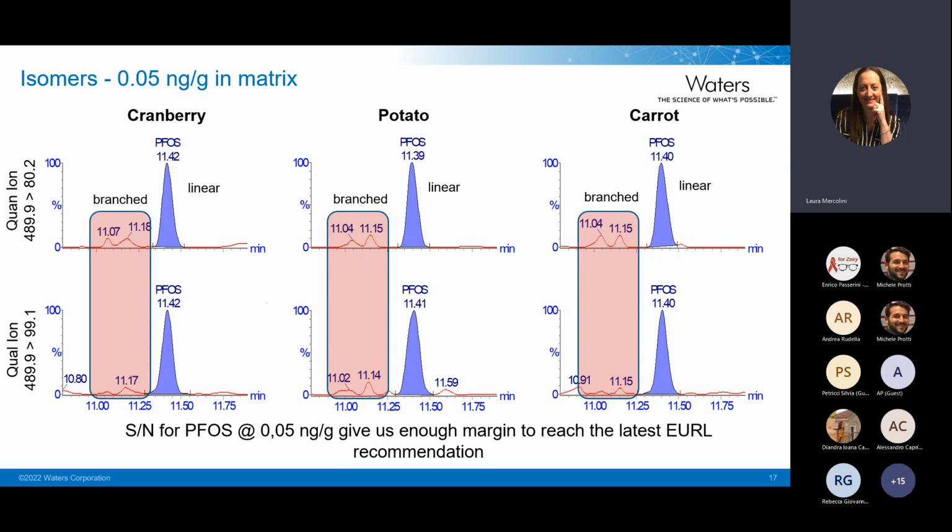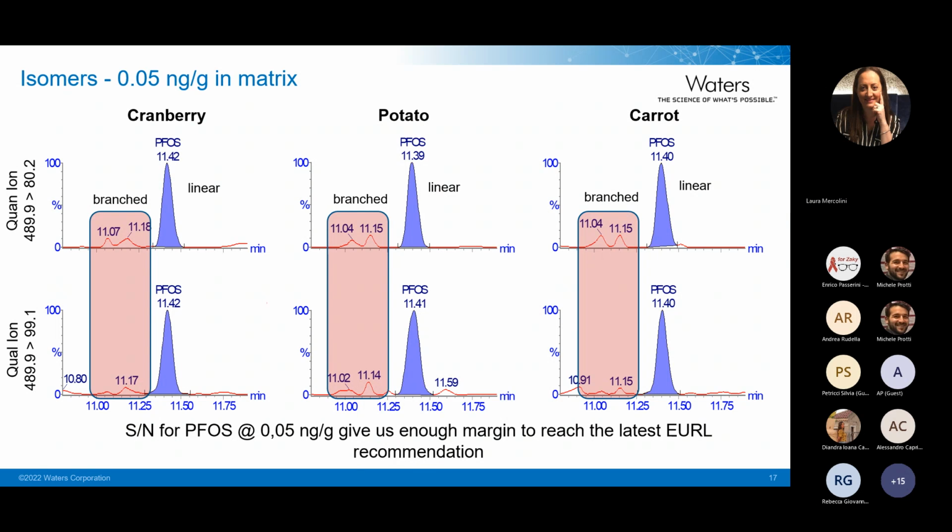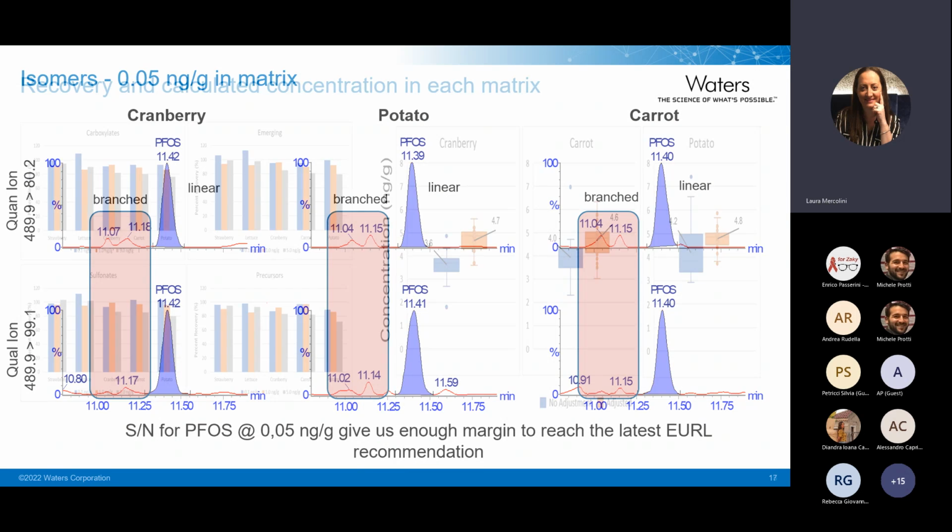In terms of sensitivity, in this slide we have different matrices, and the chromatogram of the extract at 0.05 nanogram per gram. This analysis was performed before the recommendation from EURL, but we are quite confident that we can reach the sensitivity that the EURL published last May with this kind of chromatography and with this kind of operation.